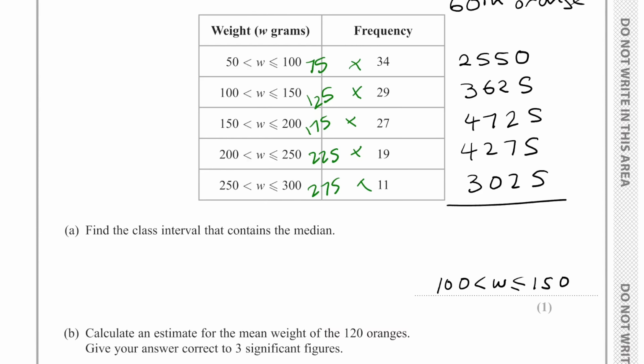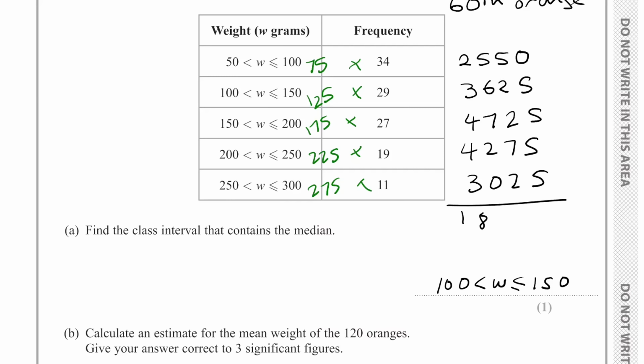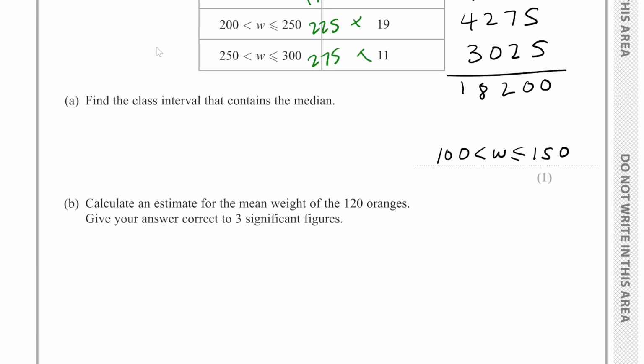So we need to add them all up. And we get 18,200. So that's our total weight, 18,200.